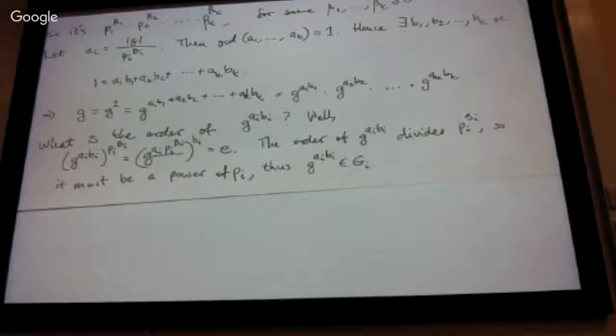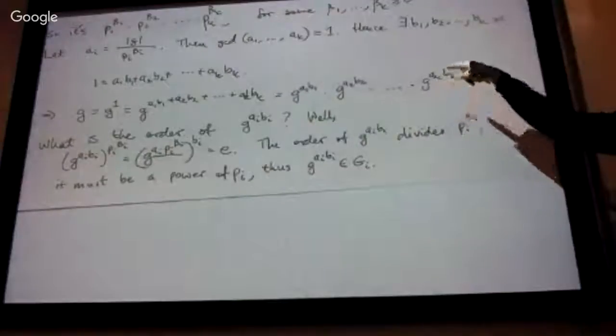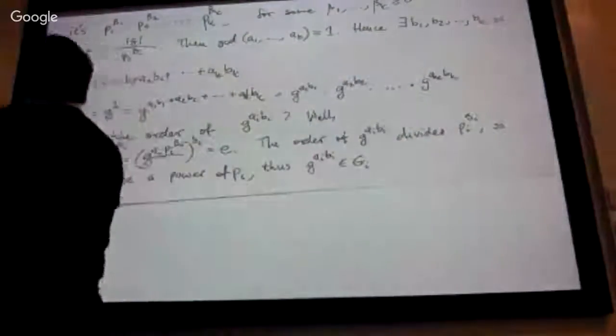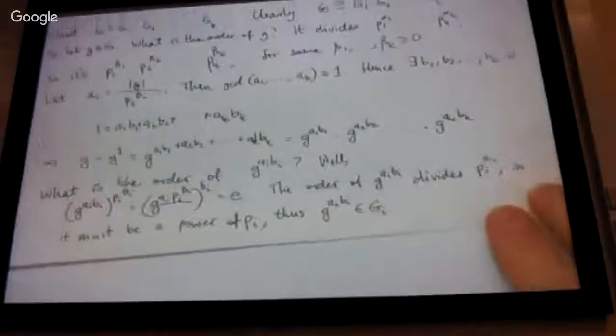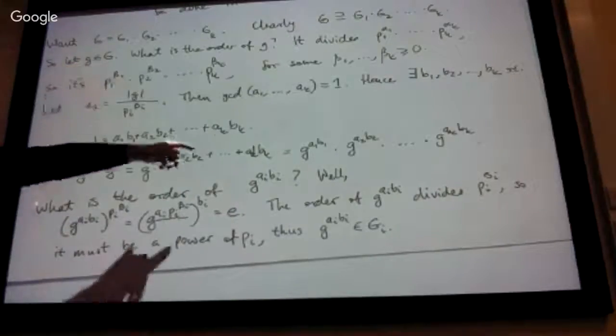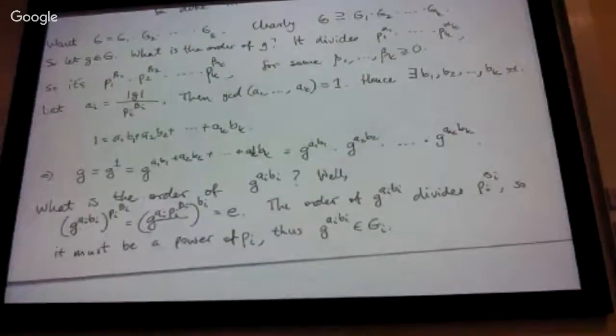But that is good, is it not? Because we have an element of G_1, we have an element of G_2, and so on, and an element of G_k, and when we multiply them all together, what we get is g, and that's exactly what we wanted. We started with something in G, and we proved that indeed we can always write it as the product of elements of the individual G_i's.